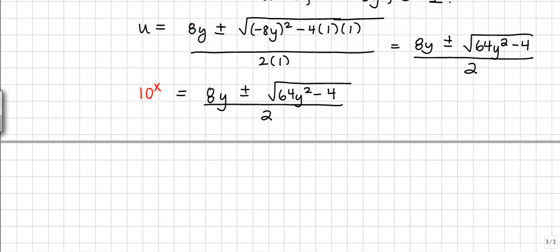Okay, now if you're faced with this situation, then if you have 10 to the x equals, you can solve for the exponent x by rewriting this in logarithmic form. And in logarithmic form, you're going to write this as log base 10 of the entire other side.